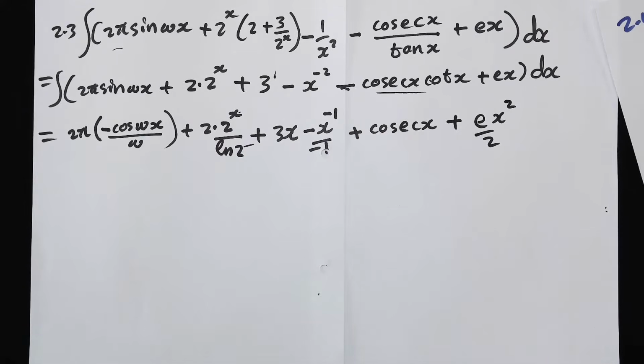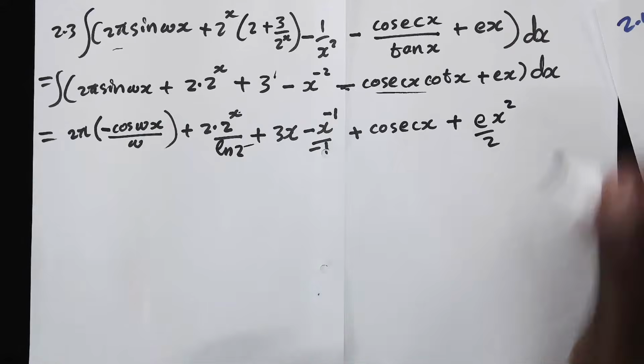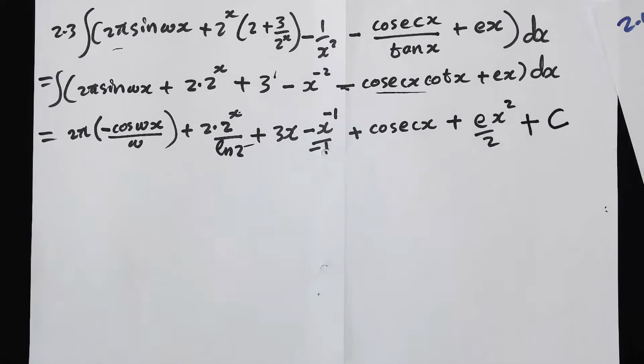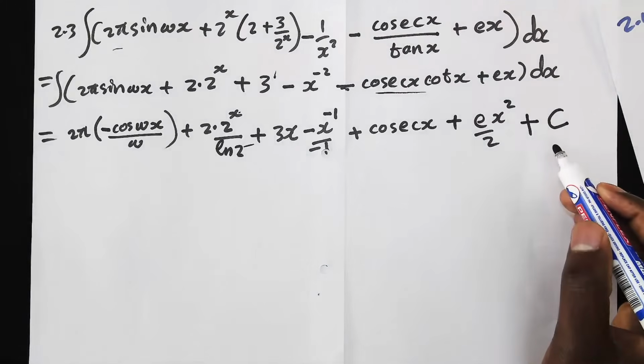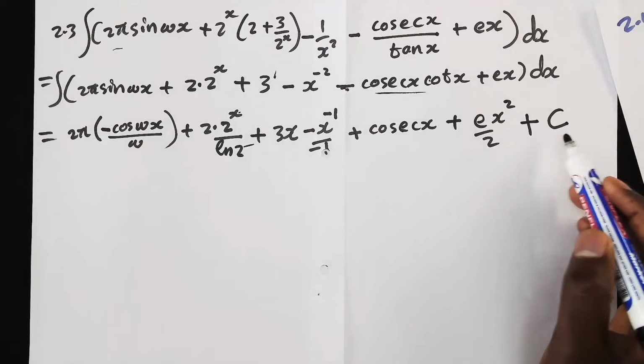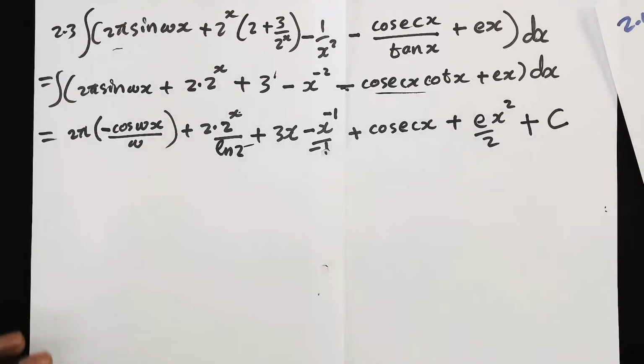X was not raised to the power of e. Please don't forget plus c, free mark. If everything is fine, it's a bonus. But always represent derivative of constants by c there. Because what if there was 1,000? We need to make sure we complement the 1,000 by c.